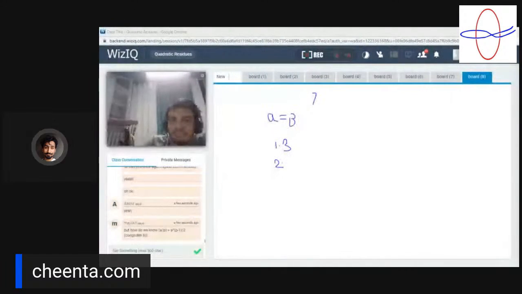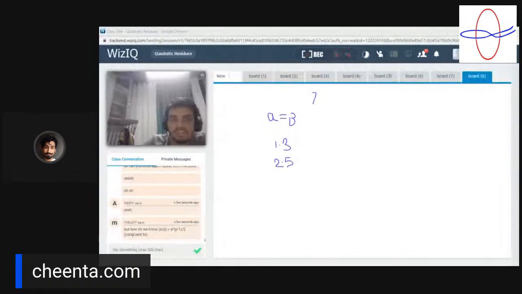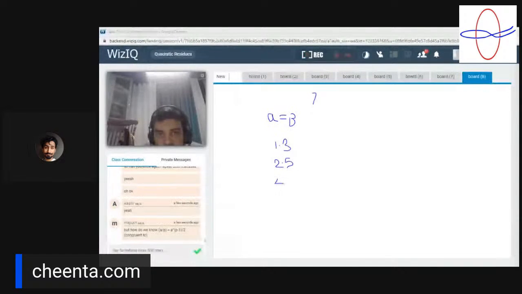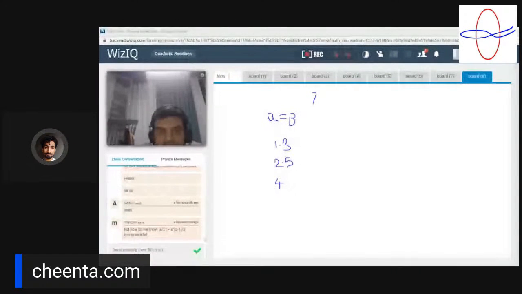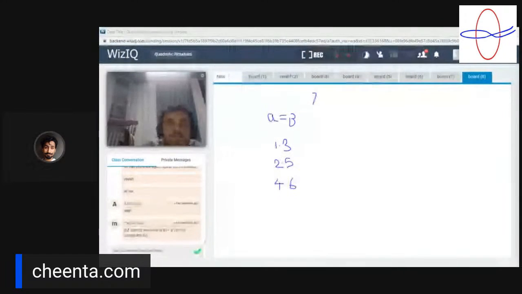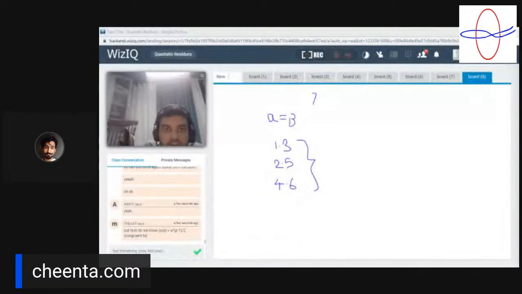So 2 into 5 is 10, which is congruent to 3. 3 is already done. 4 into 6: 4 times 6 is 24, yes. So these are the three pairs, which all multiply out to give 3.